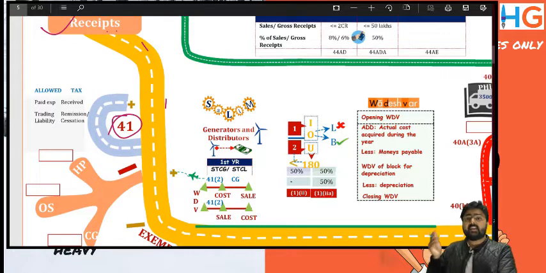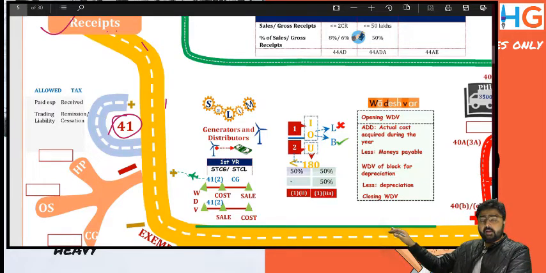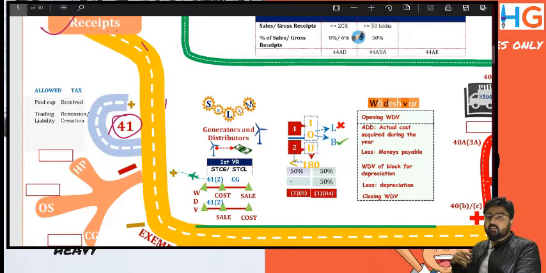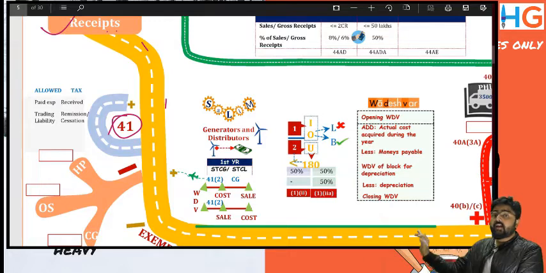Section 41 provides that any expense allowed earlier, either paid or unpaid, if it is received in the current year or the creditor has waived, then the amount that had been claimed earlier will be taxable now.